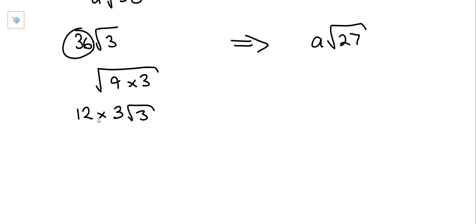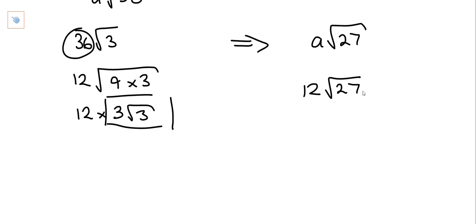And then I just do the 3 times the 3. So this becomes 12 times, because that and that are the same thing. And then you just have 12 root 27.